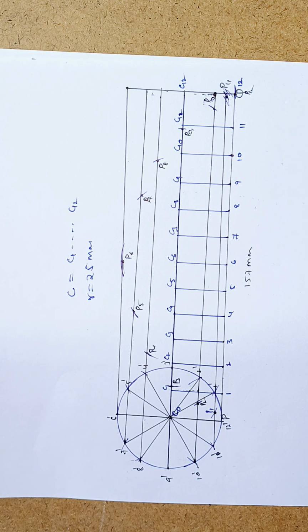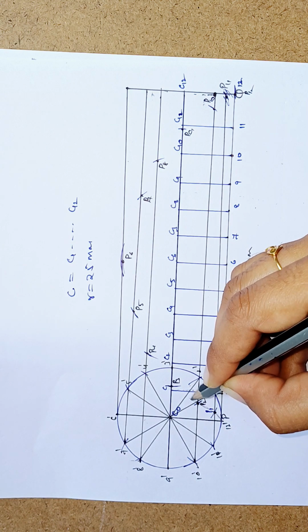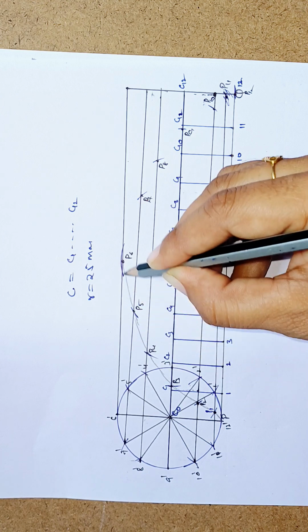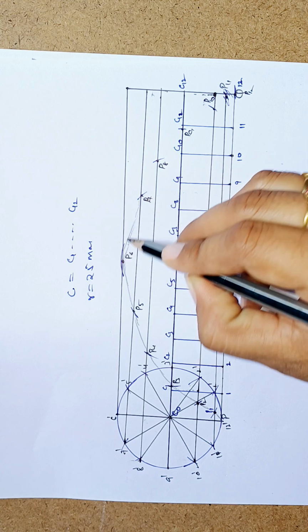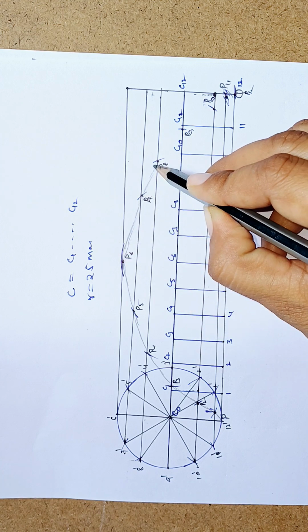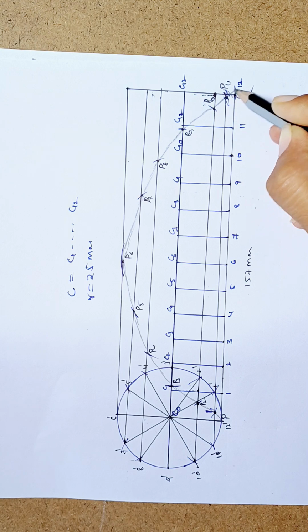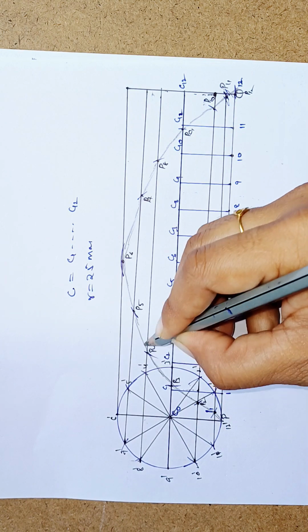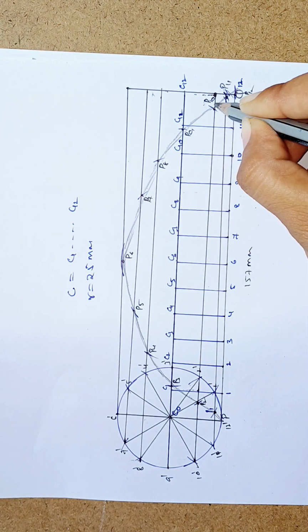Simply join P1 to P12 with free hand as a cycloidal curve. Then you get a beautiful cycloidal curve. This is the cycloidal curve.